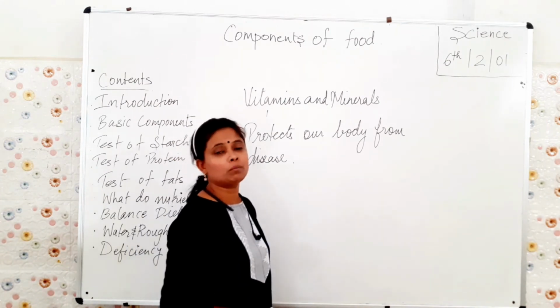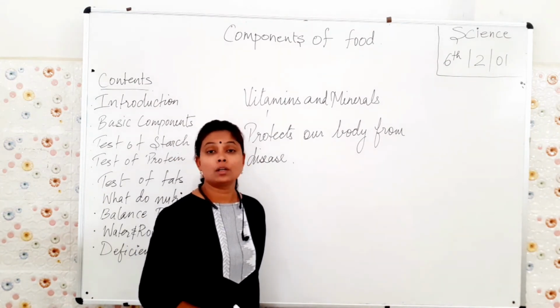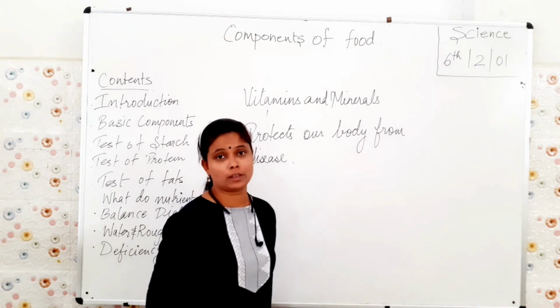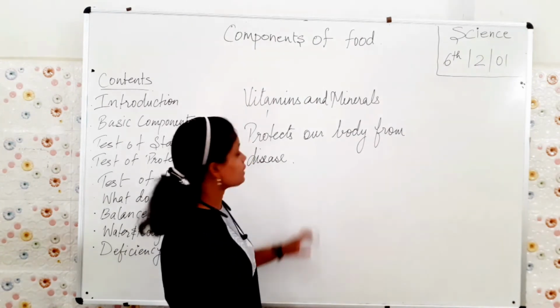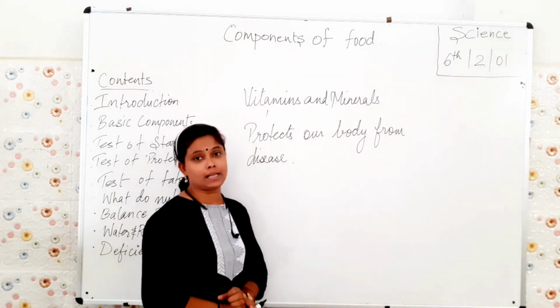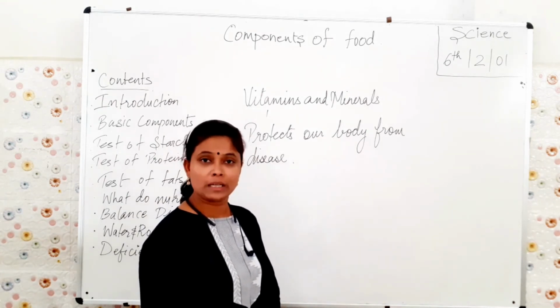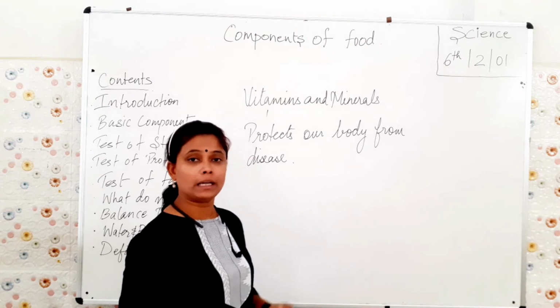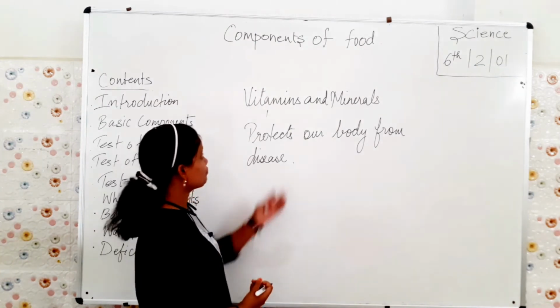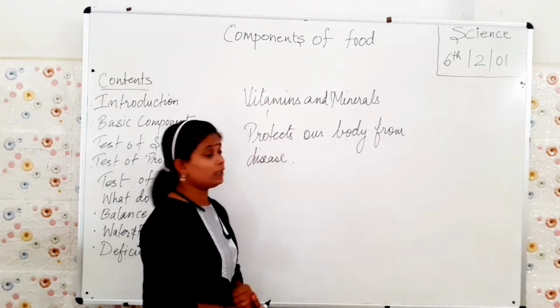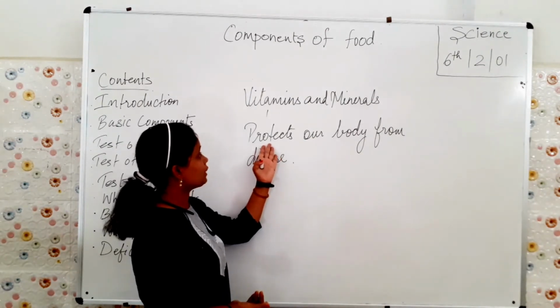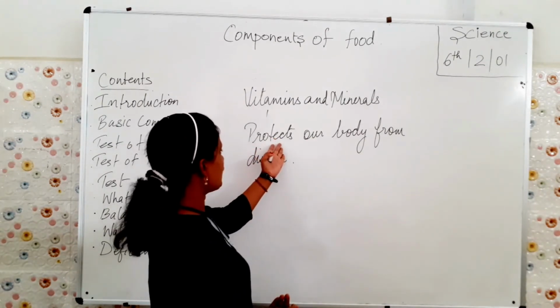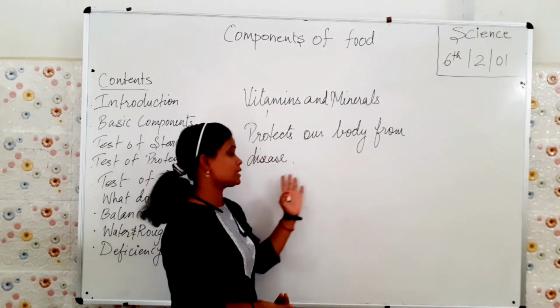For example, mother cooks the food for you. Father earns money for the family. In the same way, every nutrient has certain responsibility so that our body becomes fit and controlled. Okay. So what is the work of vitamin? Vitamin's work is to protect our body from diseases.